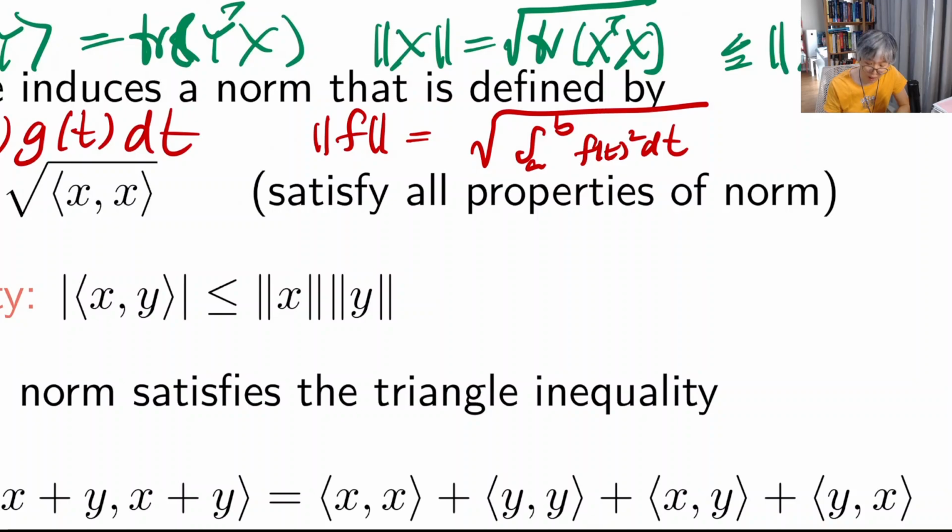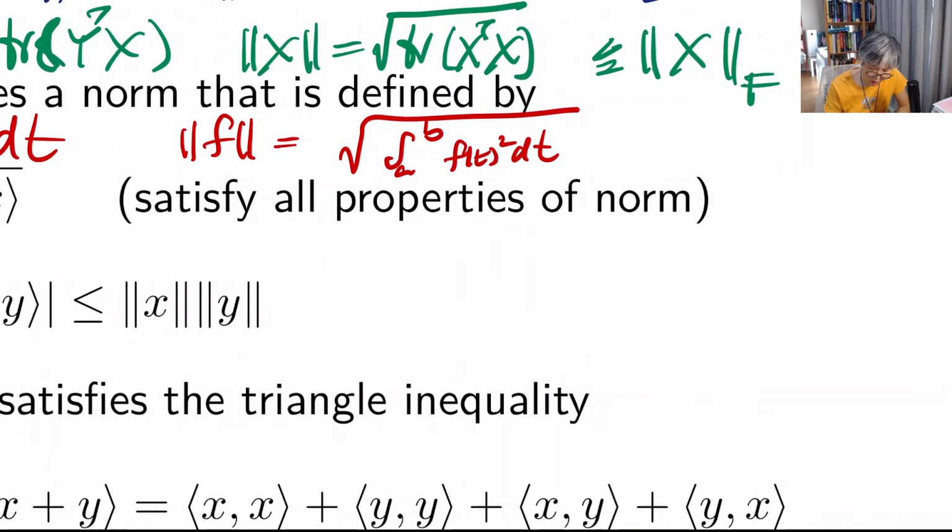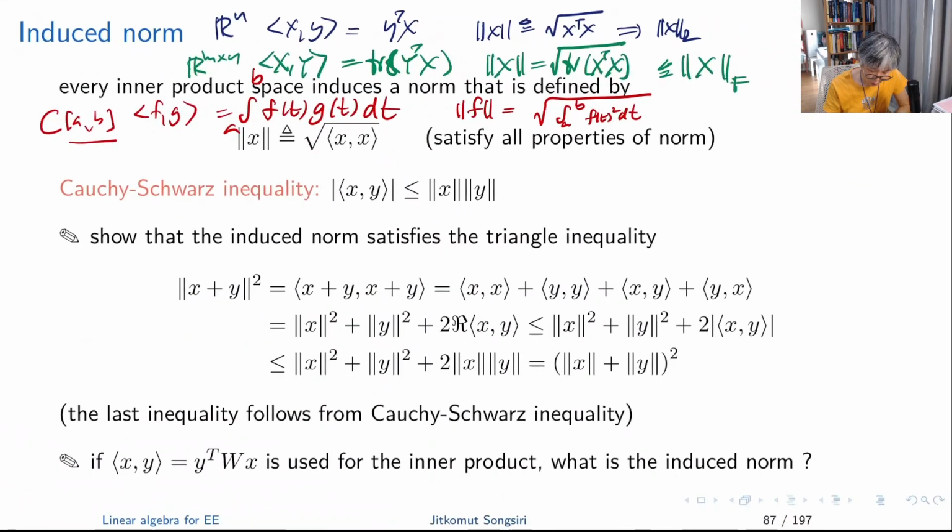And for those who have studied the space of Lebesgue integral, this is the L2 norm of a function. We're going to come back to this slide because we're going to show that the induced norm is always a norm.